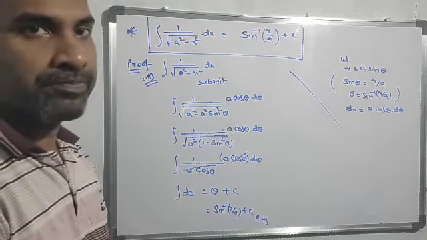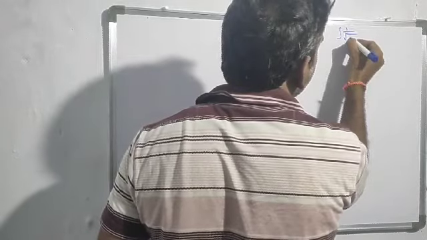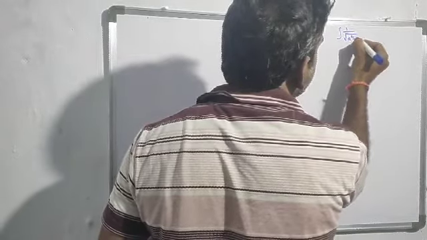Now we have to do one problem on this formula. Right, so now I am erasing this. Here I am writing the formula, integration of 1 by square root of a square minus x square into dx, and the value is sin inverse of x by a plus c.